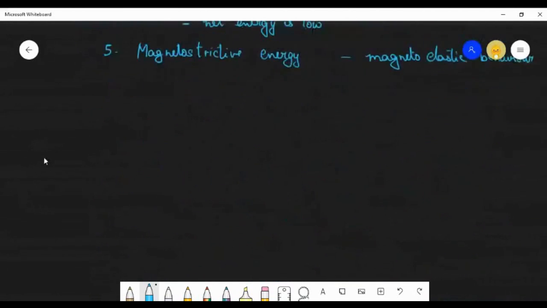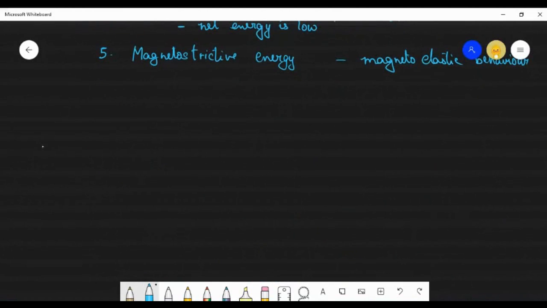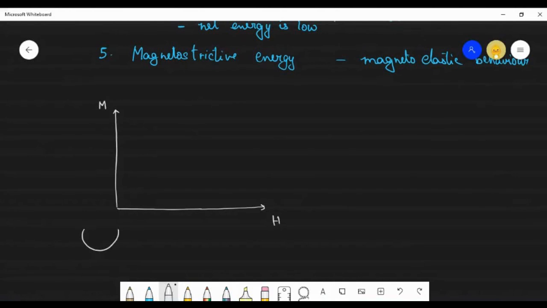When a ferromagnetic specimen is subjected to an external magnetic field H, consider a specimen having four domains, and the field is applied in this direction.